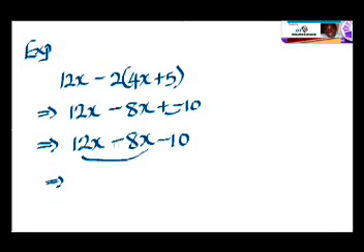So I have 12x minus 8x, which is 4x. So 4x minus 10 is what I'm having as my final answer, because this cannot solve further. This is a different term from this very one. The same way you can do for any other question you come across.